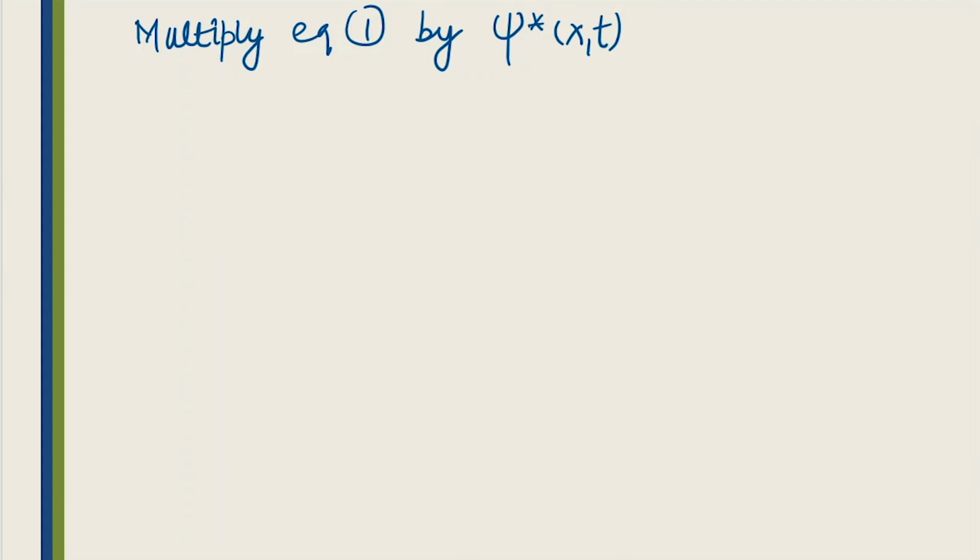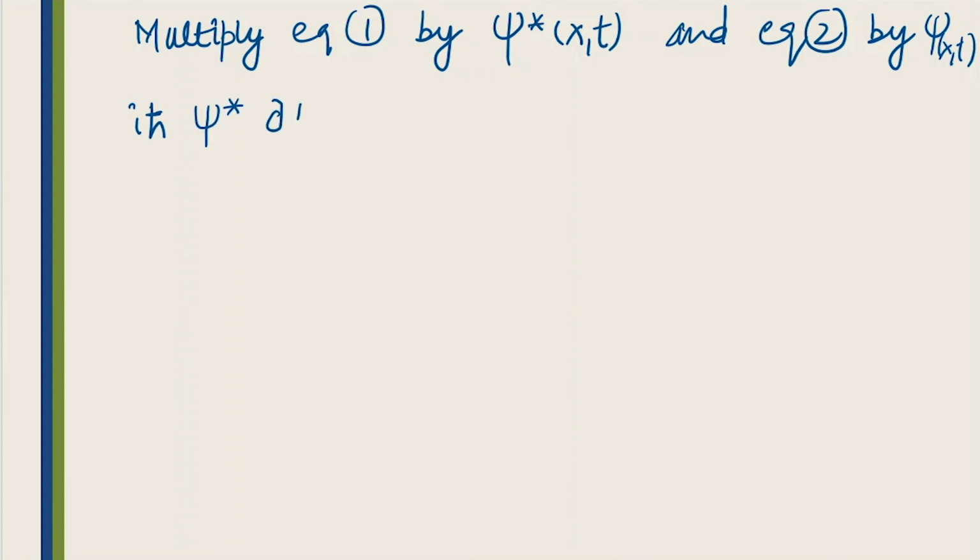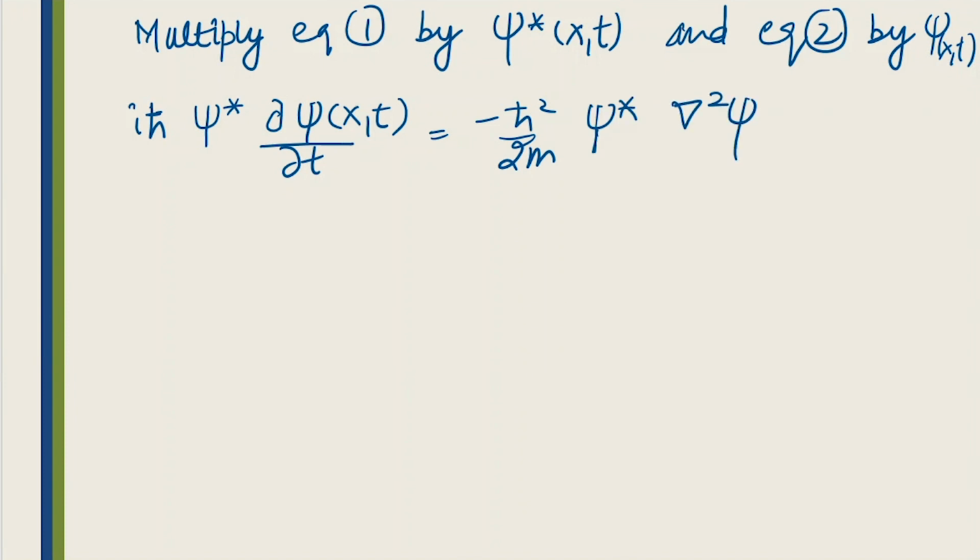We first have to multiply equation number 1 by psi star(x,t) and equation number 2 by psi(x,t). Multiplying, for equation 1 we get iota h cross psi star del psi(x,t) by del t is equal to minus h cross squared by 2m psi star del square psi plus psi star V psi.